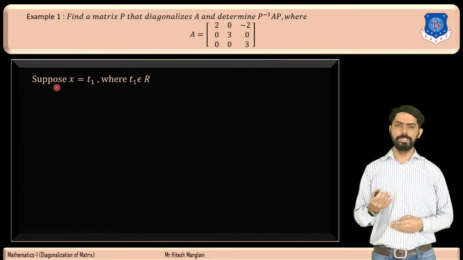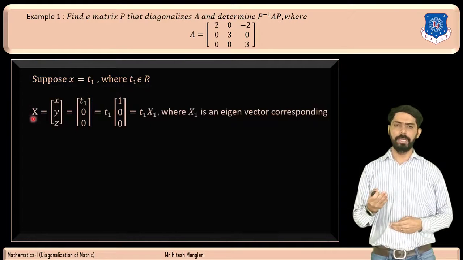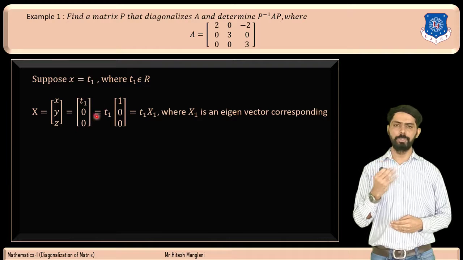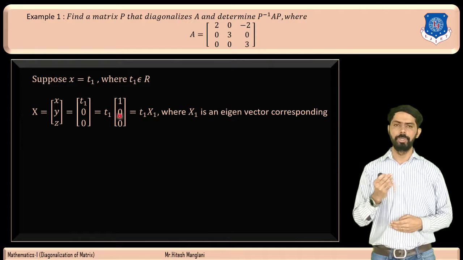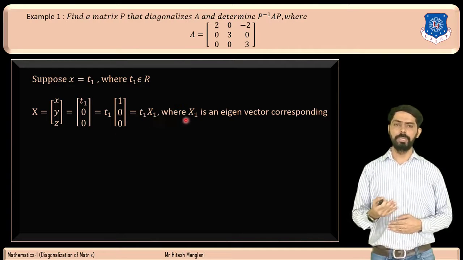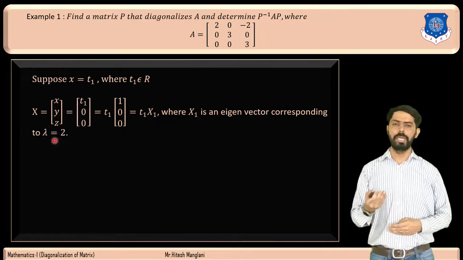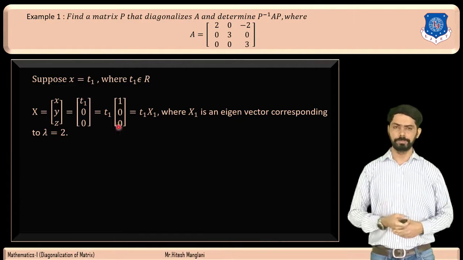We suppose x is equal to t1, where t1 belongs to R. The eigenvector X is x, y, z, which is t1, 0, 0. Taking t1 common, it is t1 into 1, 0, 0. This can be written as t1 into X1, where X1 is an eigenvector corresponding to lambda equal to 2. Therefore the eigenvector corresponding to lambda equal to 2 is 1, 0, 0.